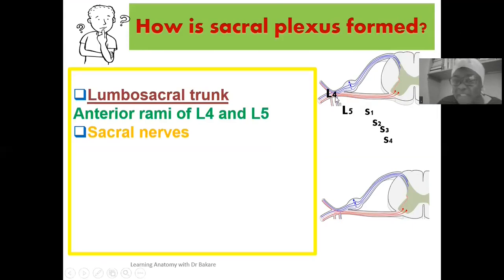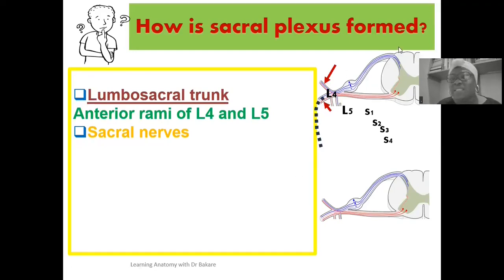This is where we have L4 here at this point, and this spinal nerve will divide into the ventral ramus that is marked here in red, and also the dorsal ramus that is marked here in red, and of course formed behind. So it is from the ventral ramus of the fourth lumbar nerve that is seen to contribute to the formation of the sacral plexus.